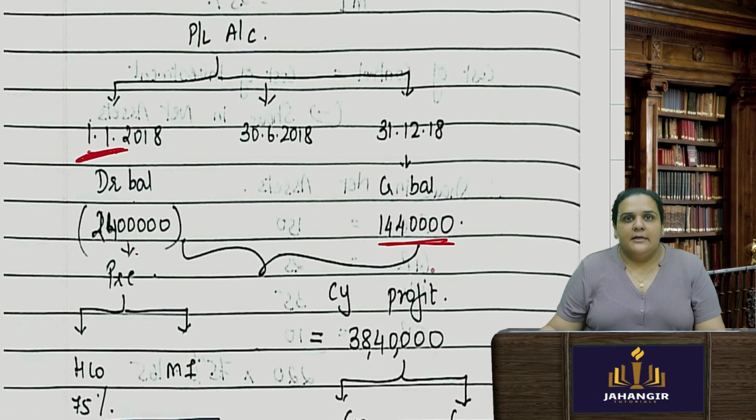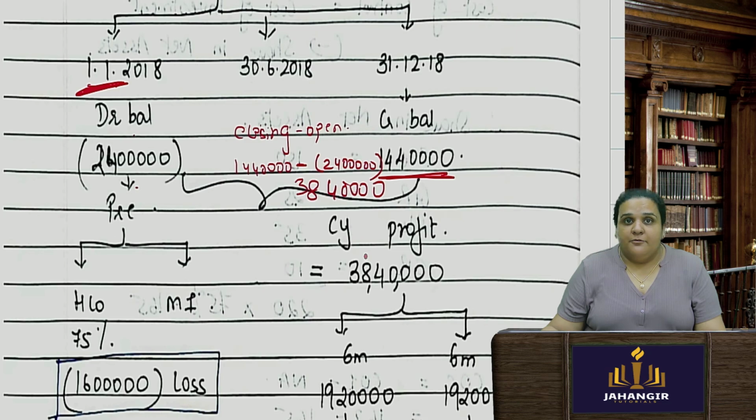That means in the current year, how much profit did they make? Closing minus opening. Closing is 14,40,000, minus opening, minus 24 lakhs. So it is going to become positive 38,40,000. That will be my current year's profit.